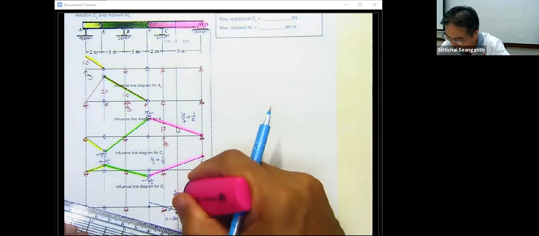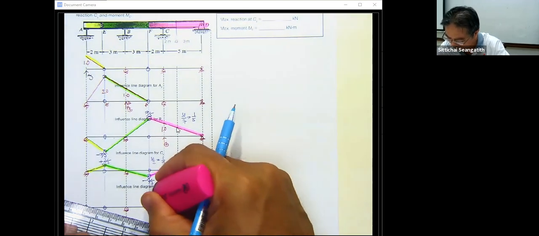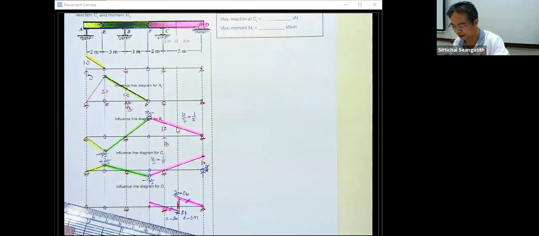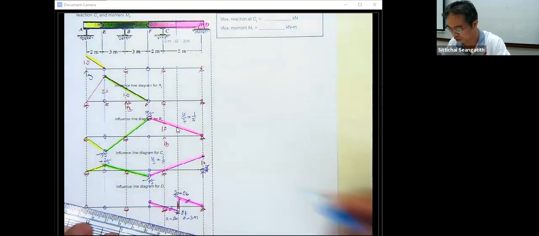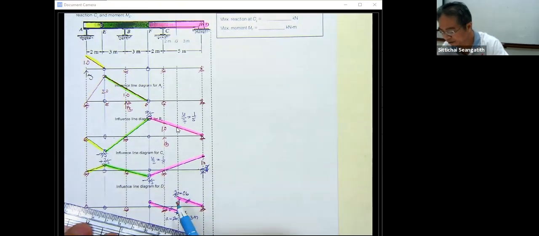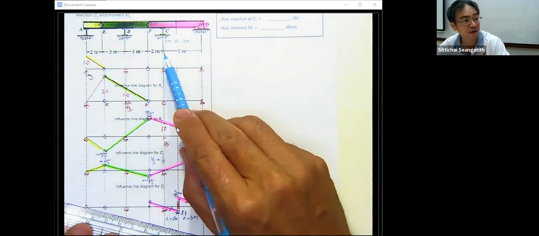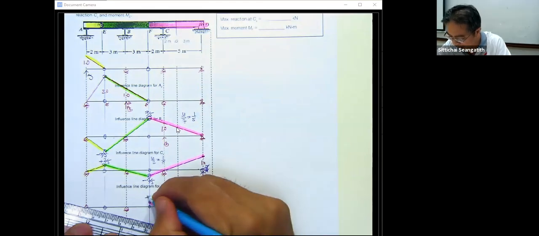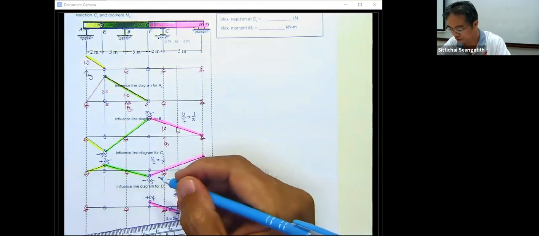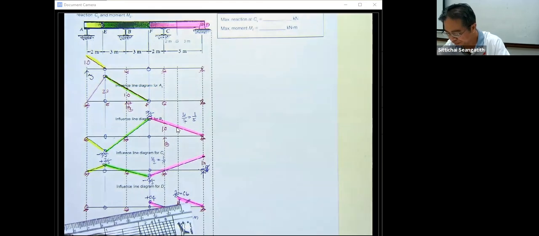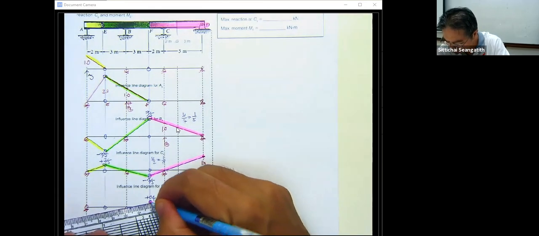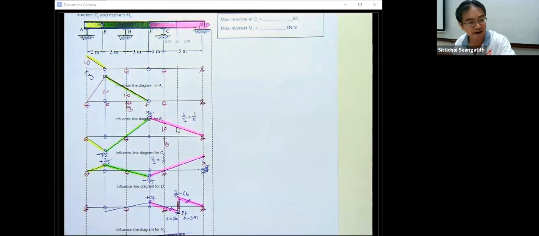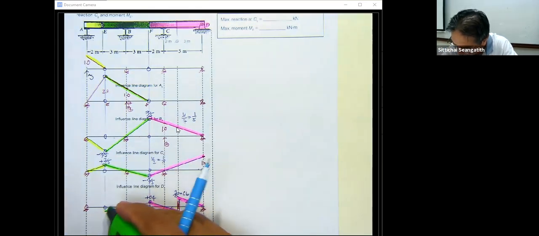What we have here is going to be the pink, and this is the rotation. Since this is 2 meter and this is 2 meter, this is going to be plus 0.4. Then this piece is going to move together with the green one.